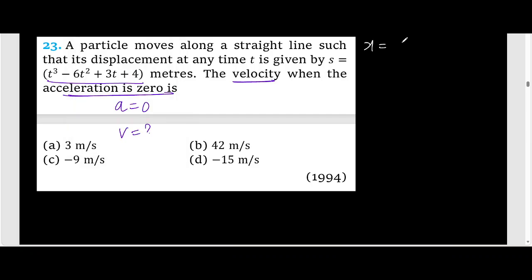x is given as t cube minus 6t square plus 3t plus 4. What is velocity?